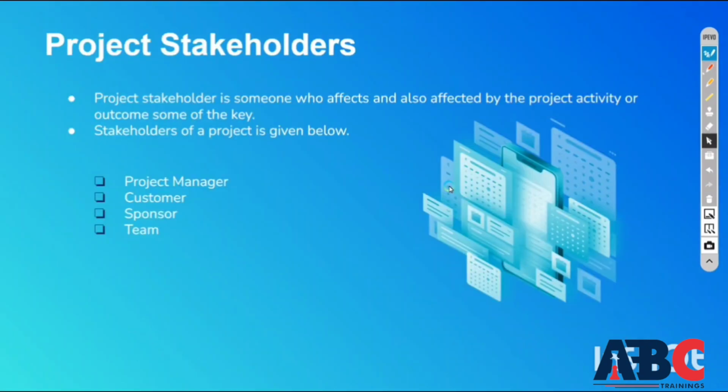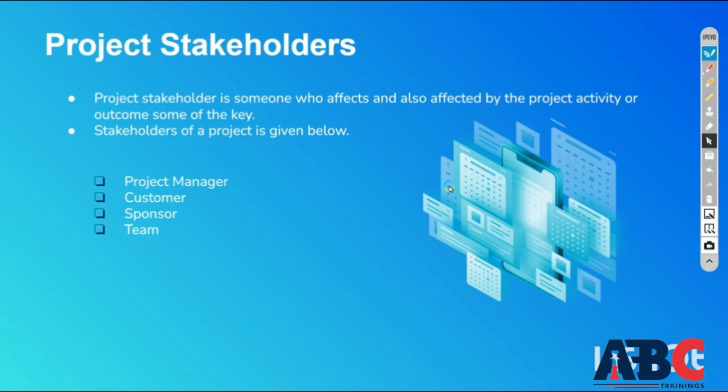In this video, we will see project stakeholders and then the project management office. What are project stakeholders exactly? A project stakeholder is someone who affects and is also affected by the project activity and outcome. A stakeholder is someone who affects the project or whom the project affects.